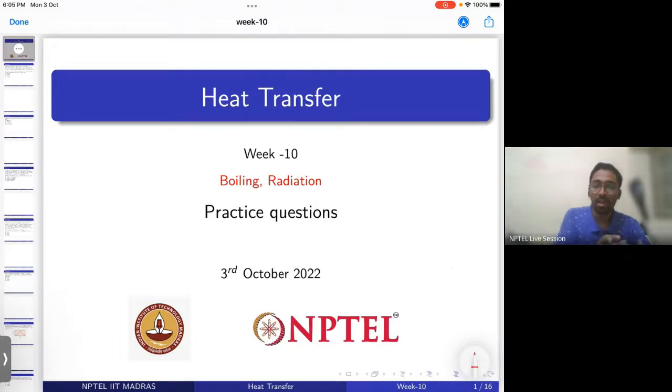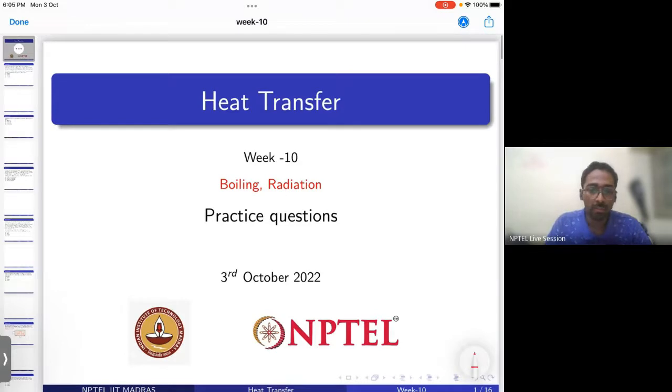As you have noticed in the wavelength spectrum, the range from 0.1 micrometer to 100 micrometer covers the thermal radiation part. So we will be mainly discussing this thermal radiation part.